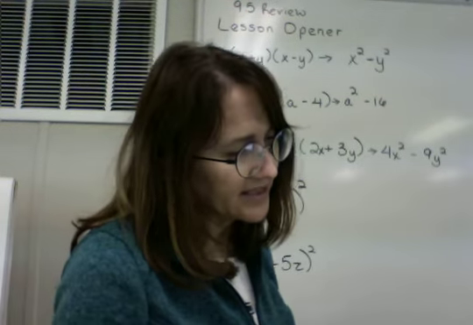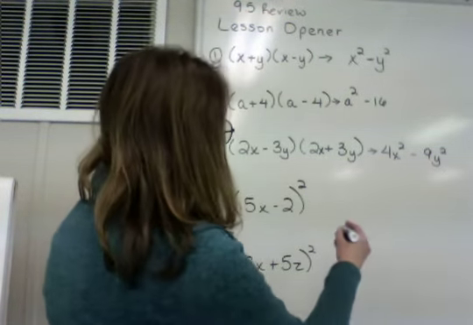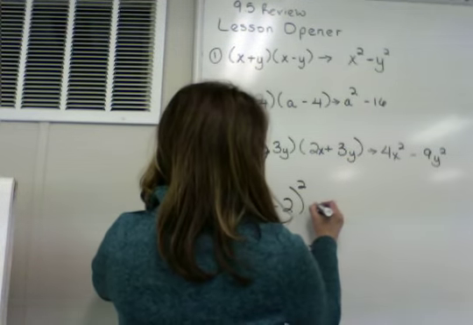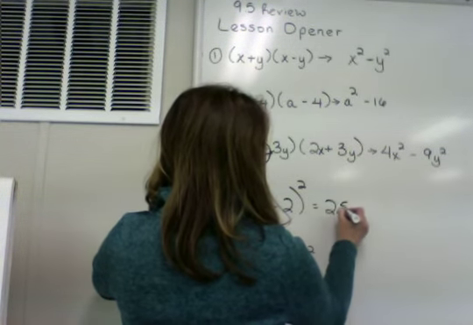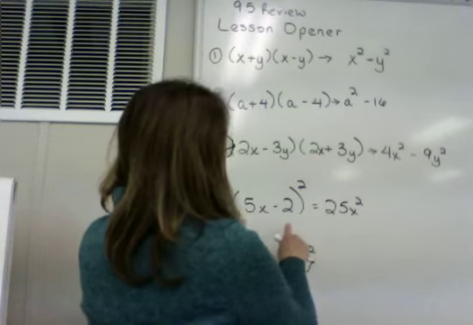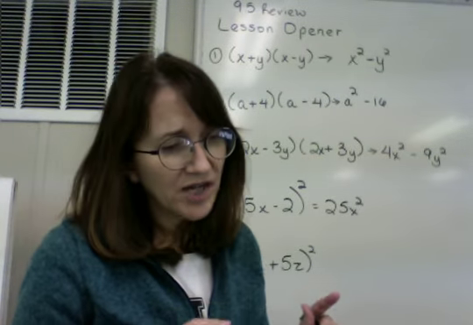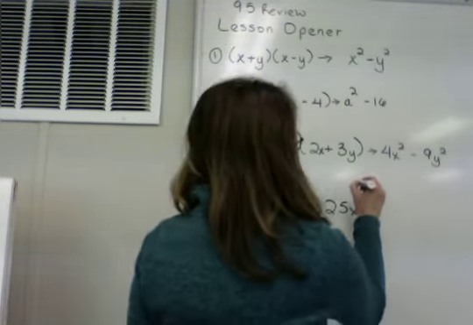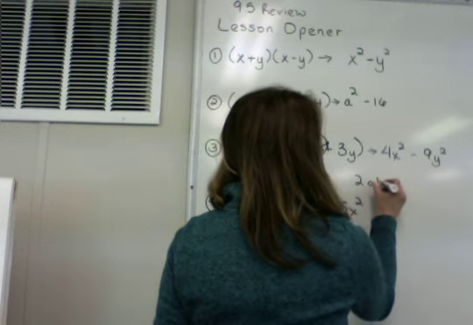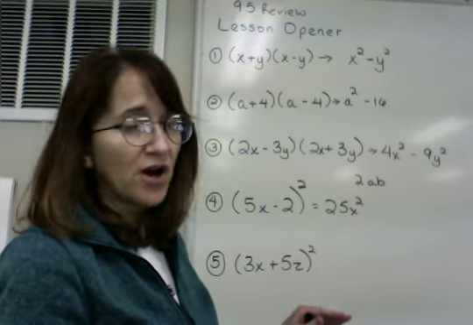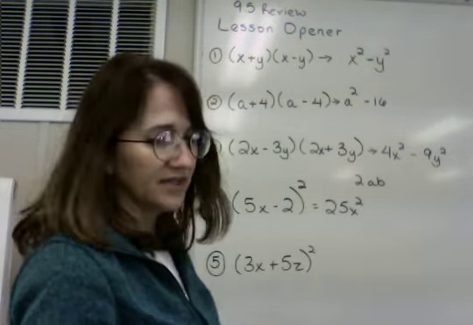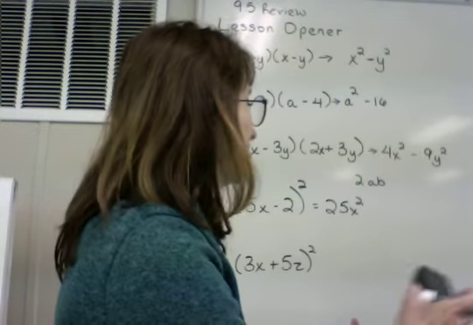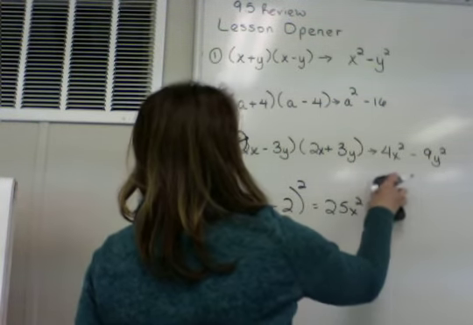For instance, if I'm squaring this, it would end up being a 25x squared, right? Then, if you remember what it looks like in your book, that middle term becomes twice the product of A and B. Twice that product. I don't want to confuse you too much.